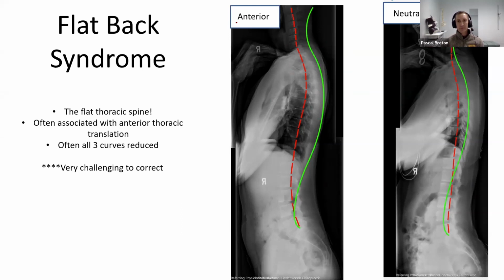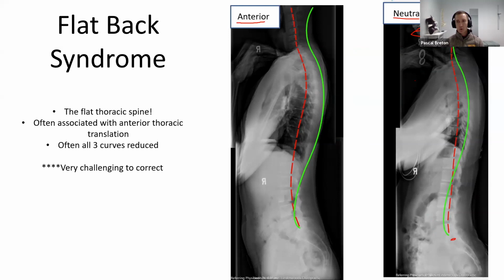So we have two different patterns here. We have the anterior and we have neutral. Both of them, though, you'll notice curve reduction. Let's talk about the neutral one. What I mean by neutral is when we're looking at sagittal balance. Sagittal balance means forwards or backwards, C1 relative to S1. Depending on the literature, they'll use different landmarks.